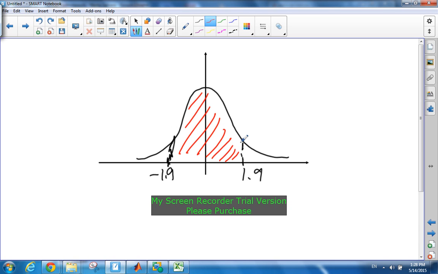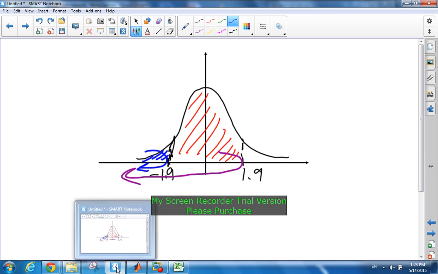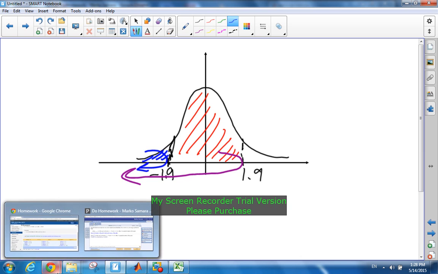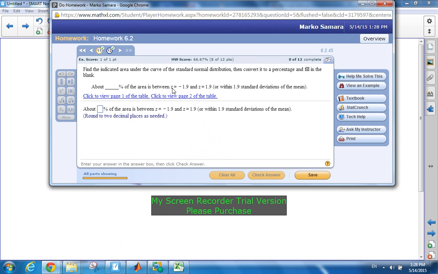So again, what you can do is the cumulative probability from minus infinity up to 1.9. So that's this blue plus red, and then minus the blue area, which is the cumulative probability of getting a number from minus infinity up to negative 1.9. Okay, so you can use the tables again.